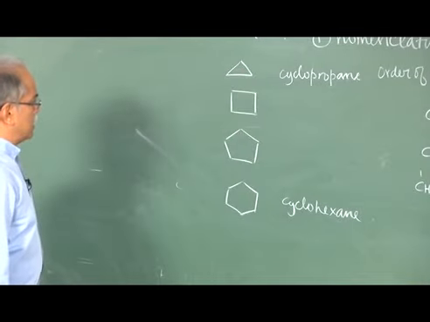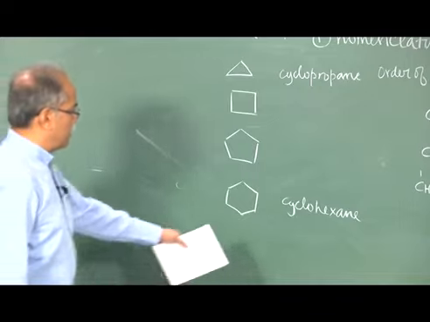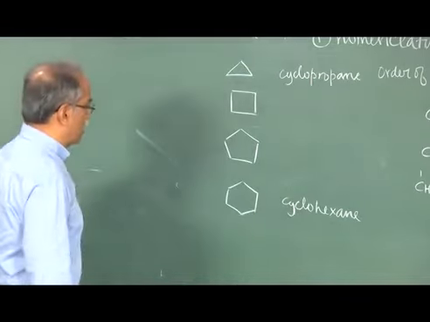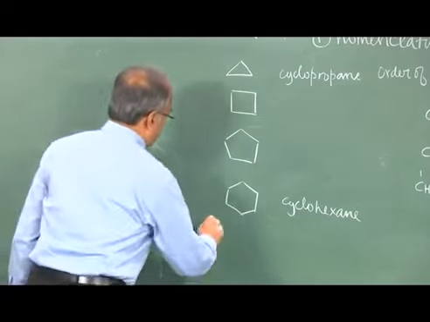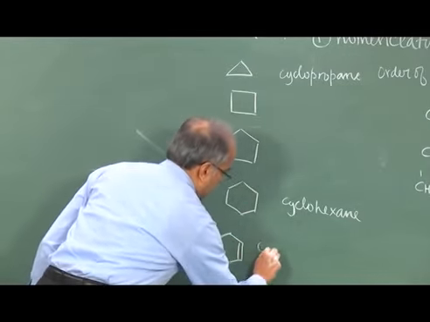So, the nomenclature is very similar to propane, butane, pentane and so on, except the prefix cyclo is added. This would correspond to cyclohexene.